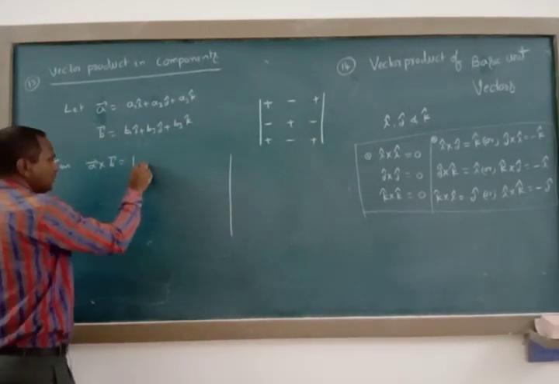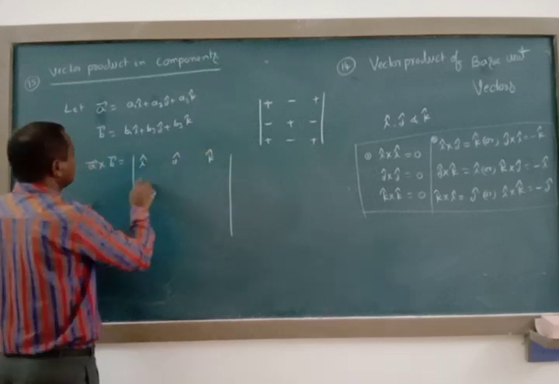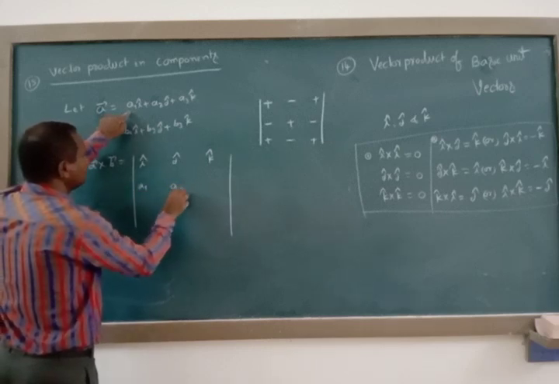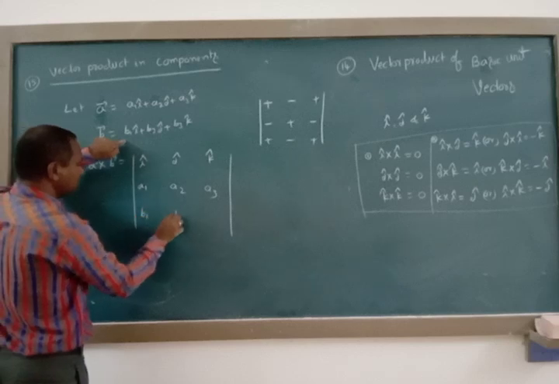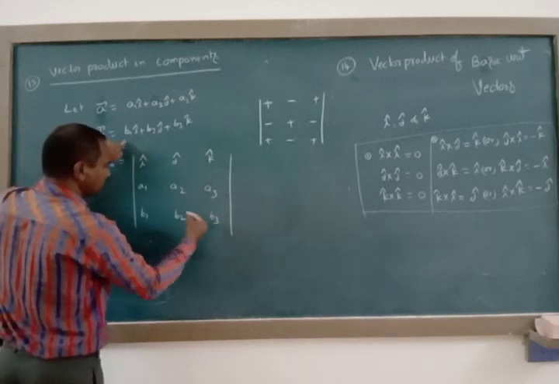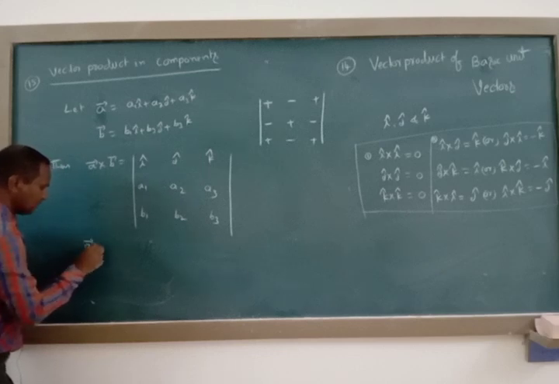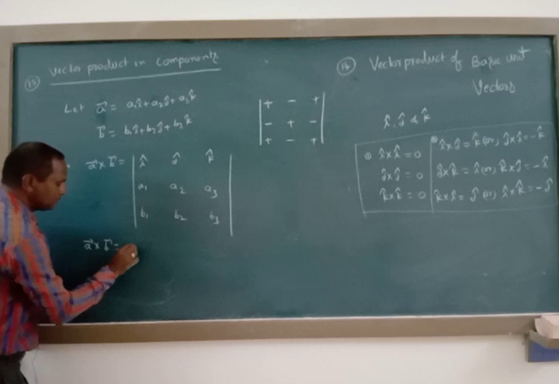First row as it is we write i cap, j cap and k cap. Second row is written by a1, a2, a3. Third row is written by b1, b2, b3. Just to expand like this, a bar cross b bar is equal to i cap.